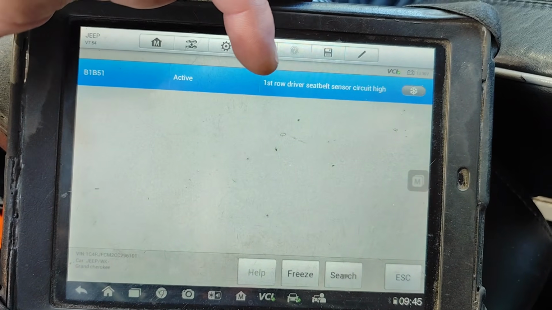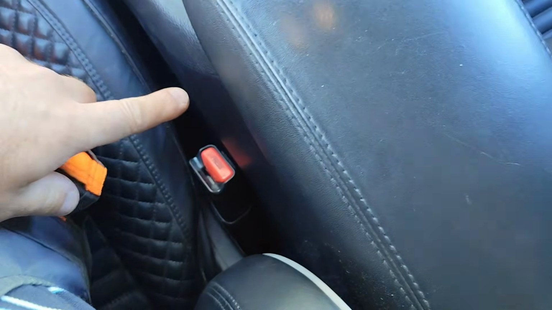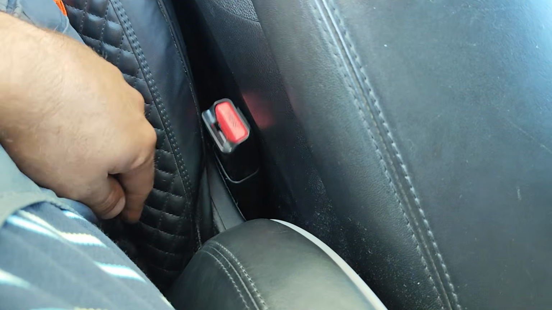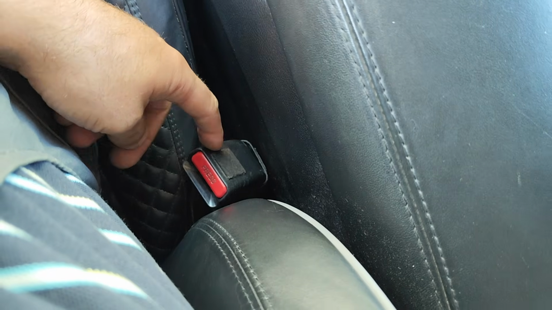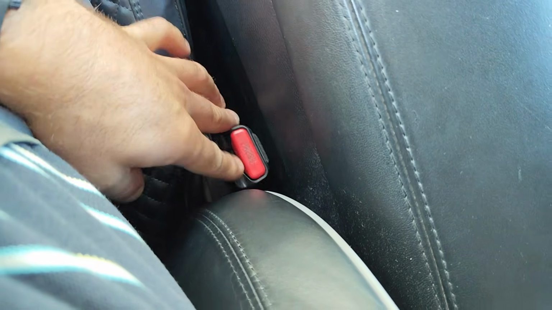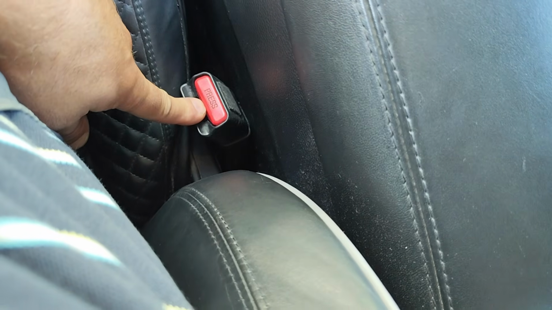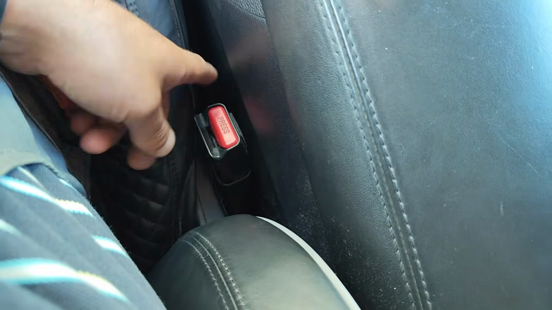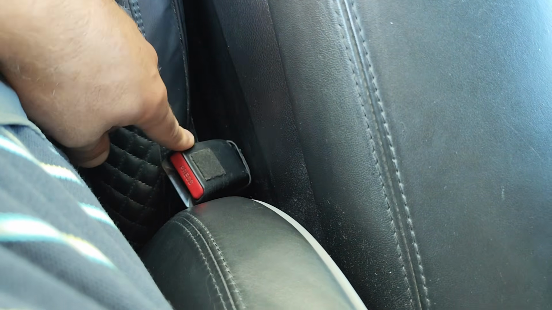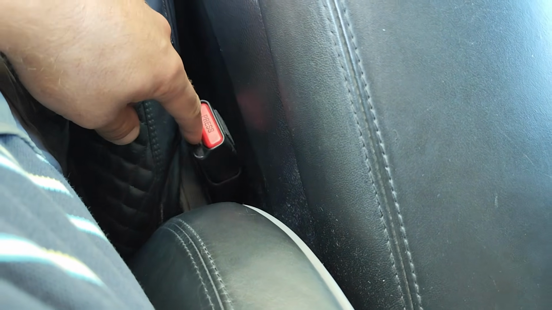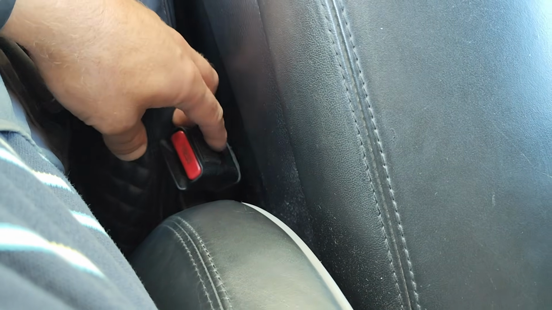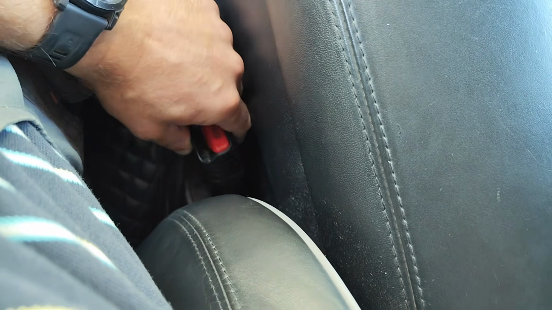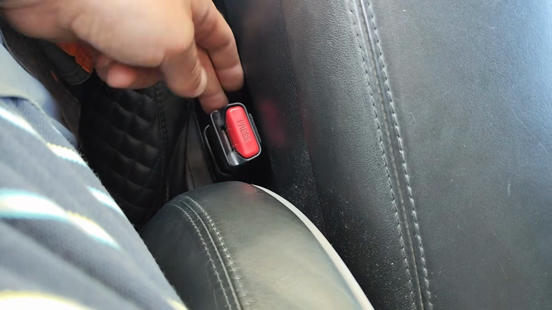So this fault, this is a switch fault. So we need to find out maybe some wire problem, or maybe the switch inside this seat belt sensor.